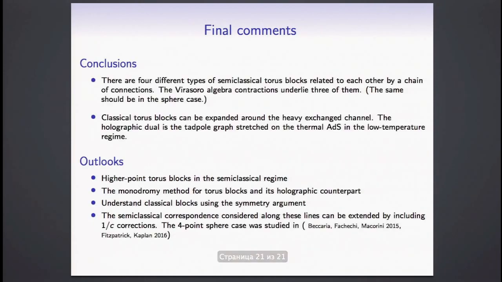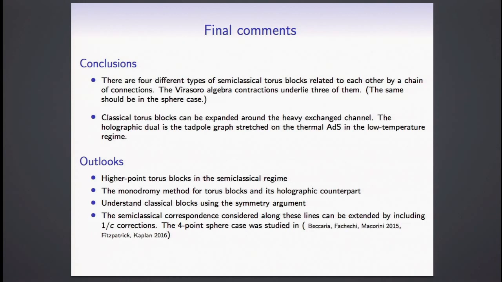So now let me summarize. We considered torus conformal blocks, and observed that there are 4 different types of semi-classical blocks, and we established a chain of connections between these different semi-classical blocks and explained the appearance of semi-classical blocks from the Virasoro algebra perspective.